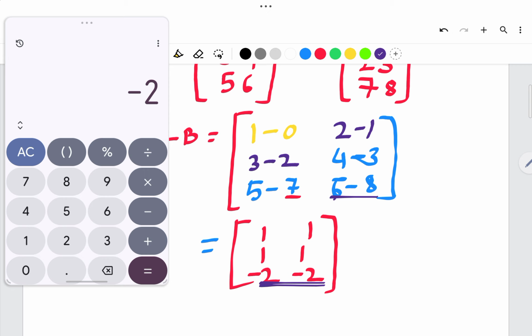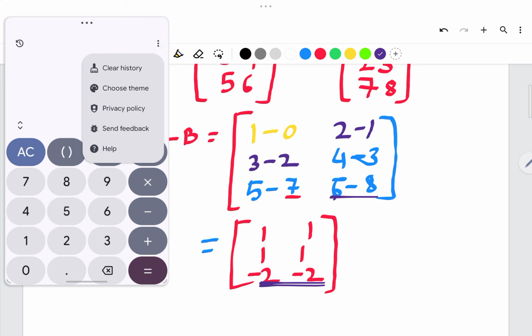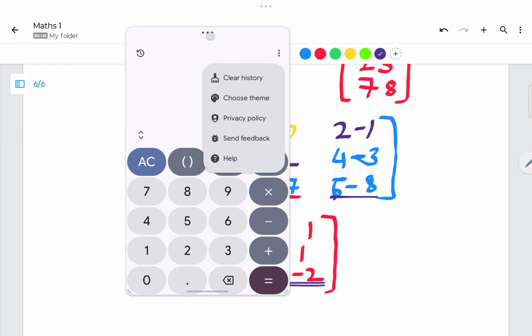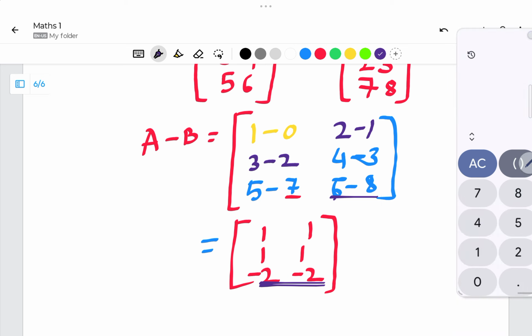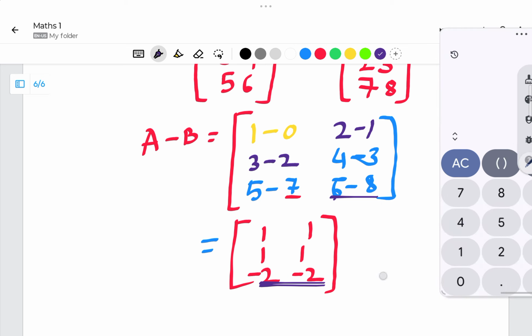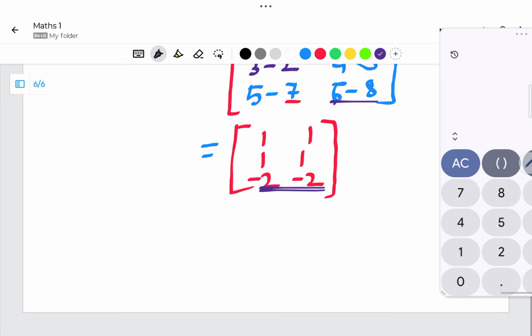This is how we can subtract. Okay, this is about the subtraction.